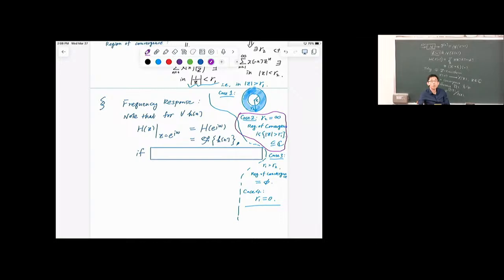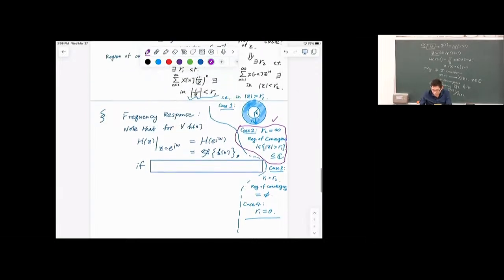And I'll tell you why later. Here I just want to point out that case number 2 is the case that interests us the most, where the region of convergence for the Z transform is outside that smaller circle. I'll come back to that.